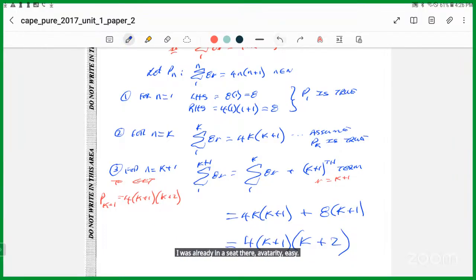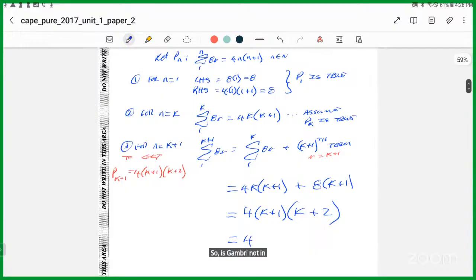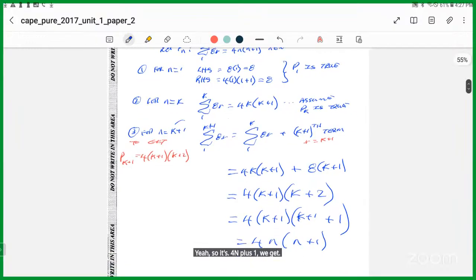So this can be written in the form 4 into k plus 1, that's the n, bracket, this k plus 2 is the same as k plus 1, that's the n again, plus 1. So it's 4n into n plus 1 that we get, when n is k plus 1.